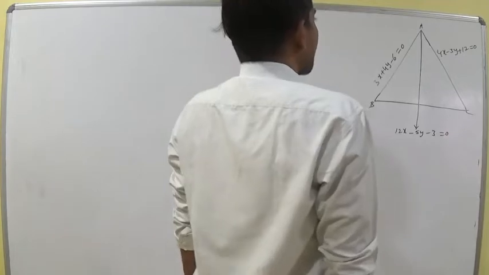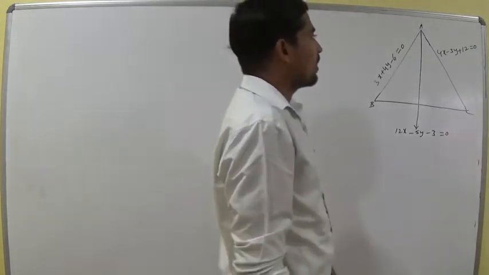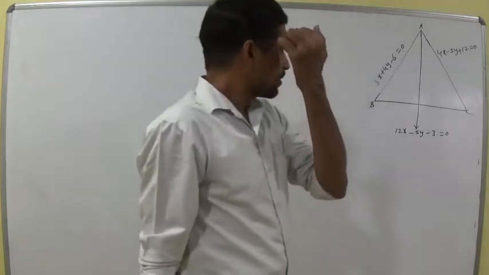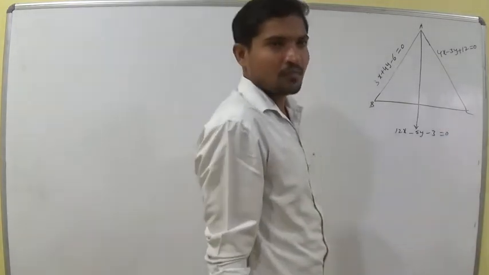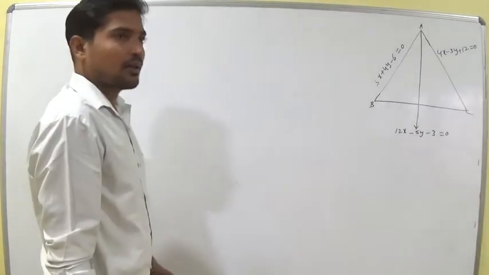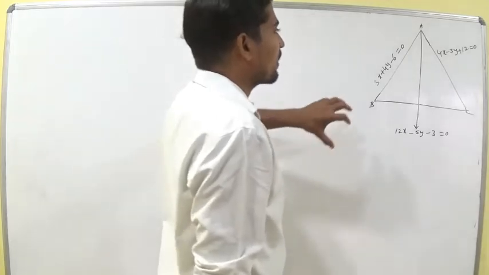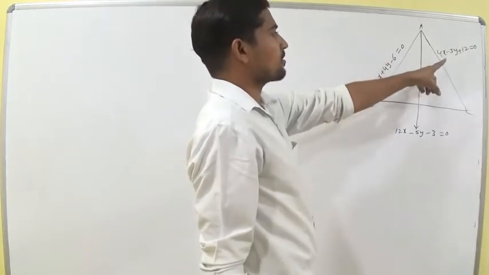So here we have to find the vertices B and C. Then we will get an equation for these two lines.